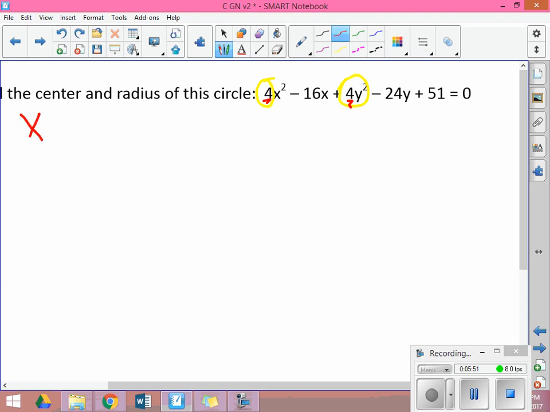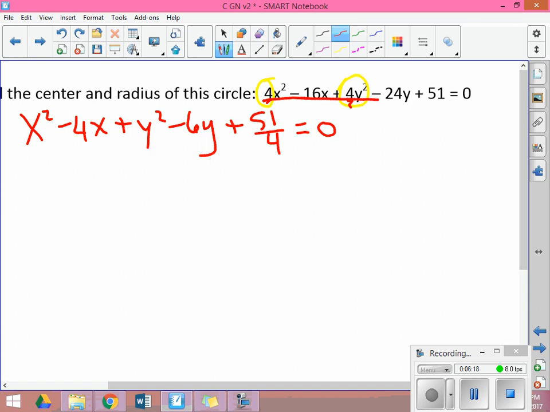And so I'm going to have x squared minus 4x plus y squared minus 6y plus 51/4 equals 0. Leave that as a fraction and you'll see why in a minute. Remember, what I do to one side I have to do to the other. I can do that division because it's equal to 0, so I can divide every single piece by 4.